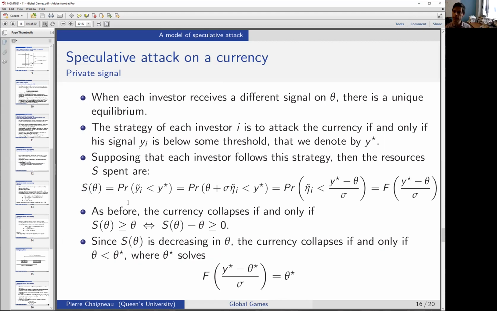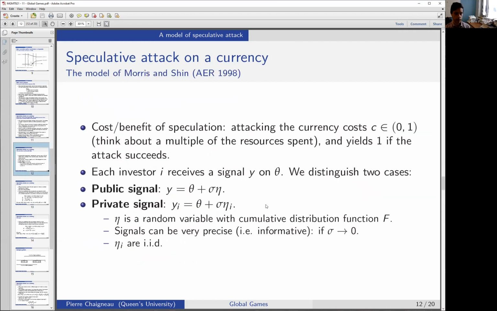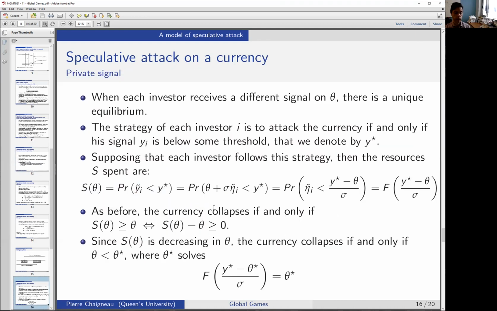With a continuum of depositors, each with $1 to spend, the total resources spent will be equal to the probability that each investor is going to attack the currency. So you attack whenever your signal yi is below y star. So what is the probability that yi is less than y star, conditional on theta? Again, what we do is that we replace yi by this expression, and we find that this probability is equal to this.